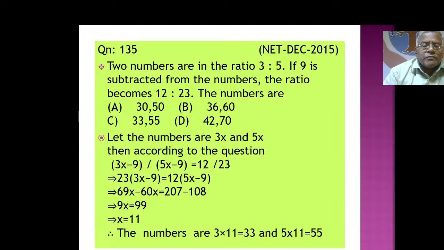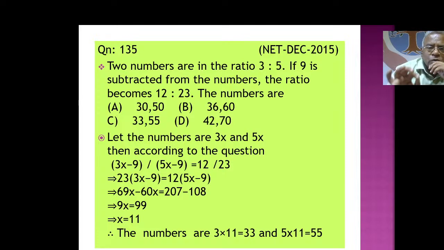Now that x equals 11, you can easily find the numbers. The numbers are 3x and 5x, so 3 into 11 and 5 into 11, that is 33 and 55. So option C is the correct one. You got the point?